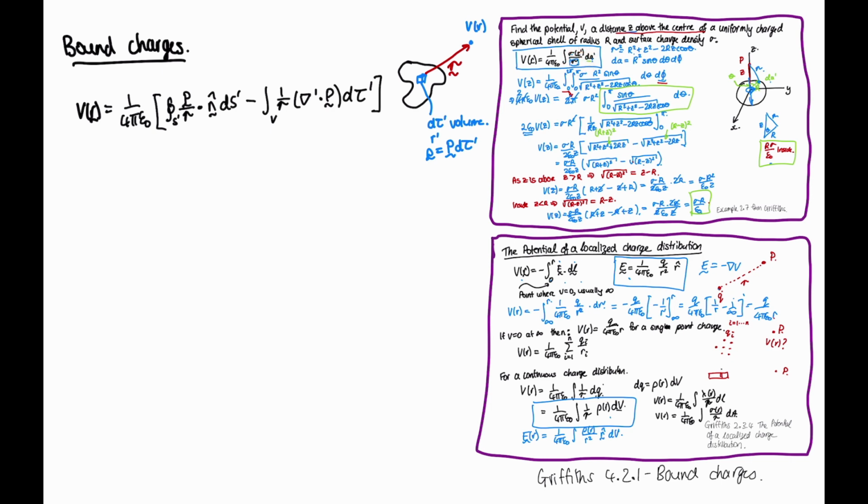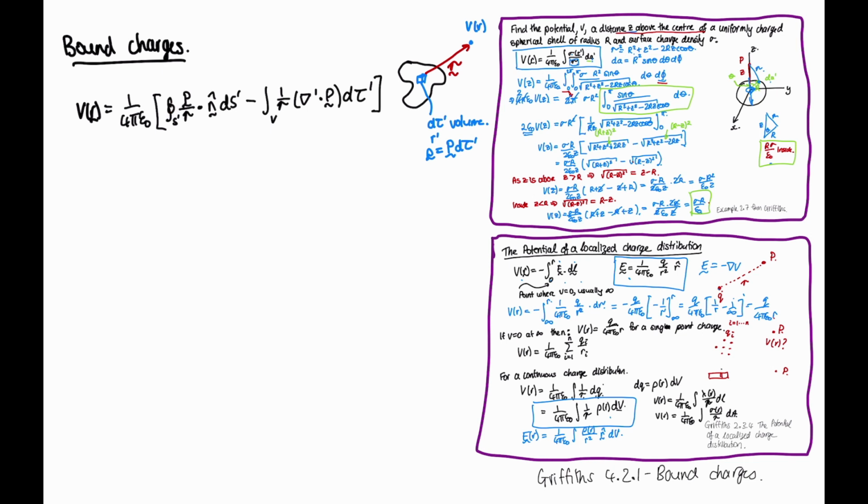You'll see that the form of these two are remarkably similar. We've got the 1 over 4 pi epsilon naught on both of them. On this one, we've got sigma divided by curly r. Here we've got this P dot n, and we're dividing by the curly r. And then this is times the surface area increment dA, and ds dash there means the same thing, that surface area increment.